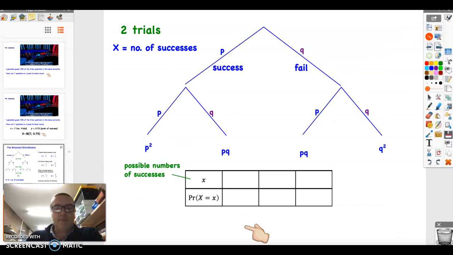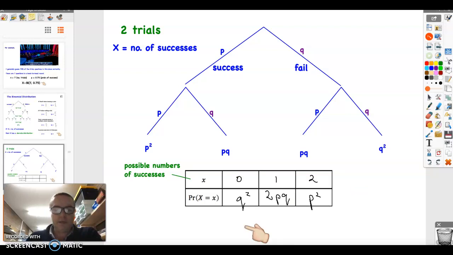So here's a probability tree for 2 trials, and as you can see down the bottom, I've set up a probability distribution table. The values of X are the number of successes. So we would like to show in this table how many different numbers of successes are possible here, and what's the probability of each of those outcomes.